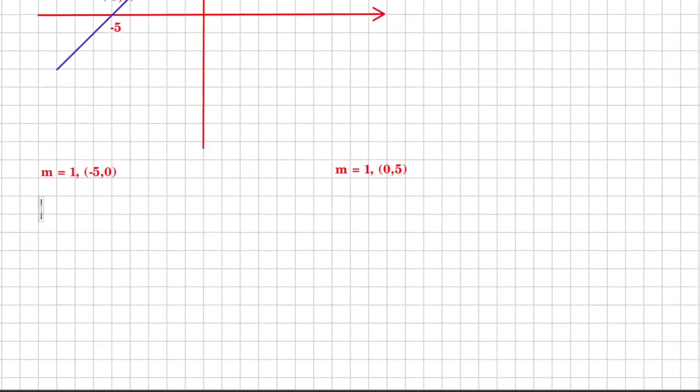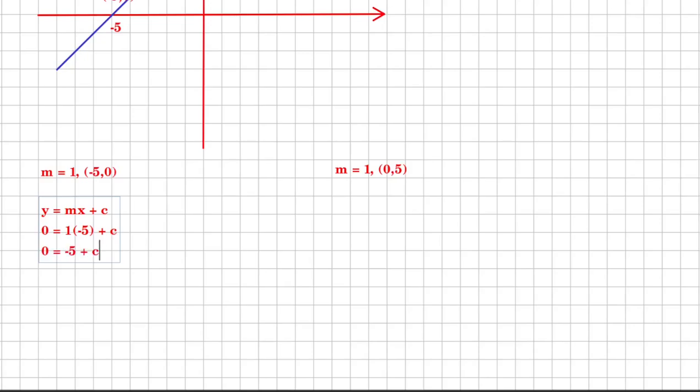Using y equals mx plus c, let's substitute the value of y as 0. This equals your gradient, 1, into your x, which is negative 5, plus c. So 0 equals 1 times negative 5, which is negative 5, plus c.